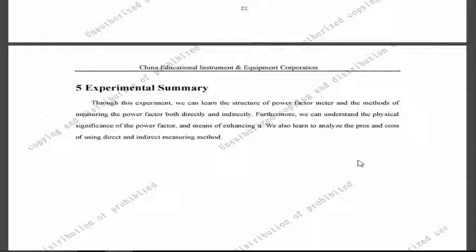We have also learned the analysis of the pros and cons of using the direct and indirect measuring methods. So this is the summary of the experiment of what we have done so far.